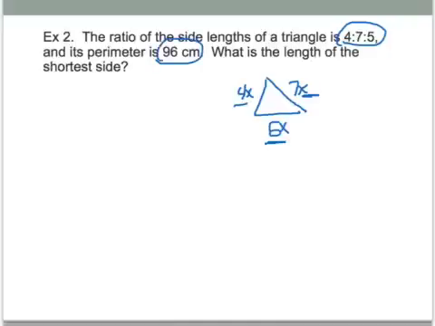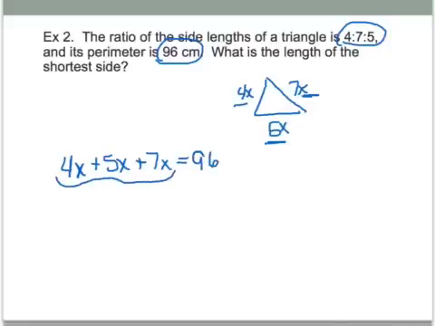In order to find perimeter, you must add all three sides. So that's going to be 4x plus 5x plus 7x equals 96. When I add the left-hand side, 4 plus 5 is 9x plus 7x, I get 16x equals 96.